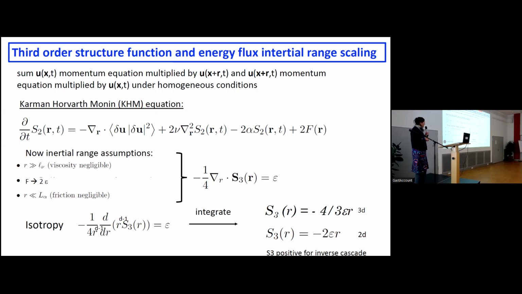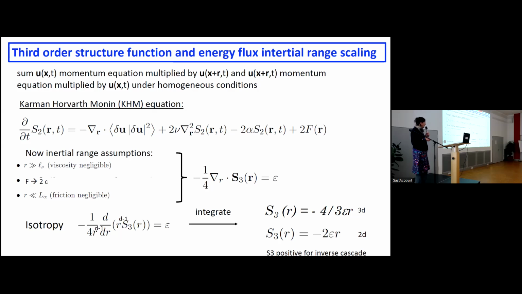Now you make the assumption of isotropy, and then you can express this divergence operator for d dimensions like this. You equate it to epsilon, and then all you do is integrate.